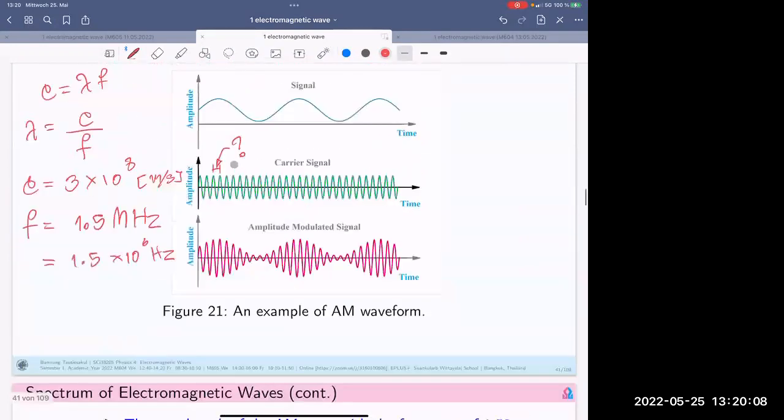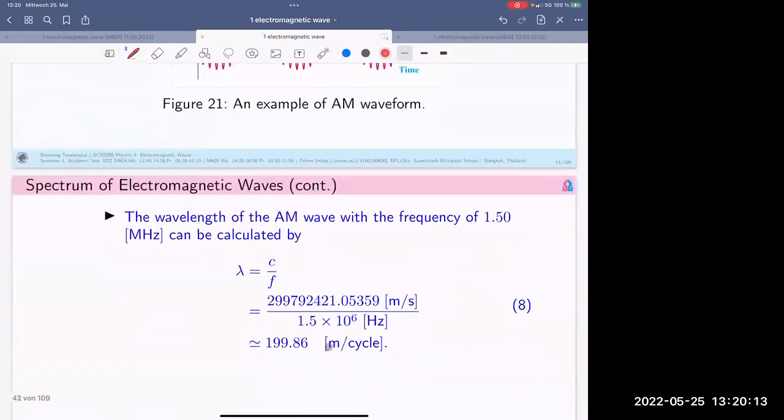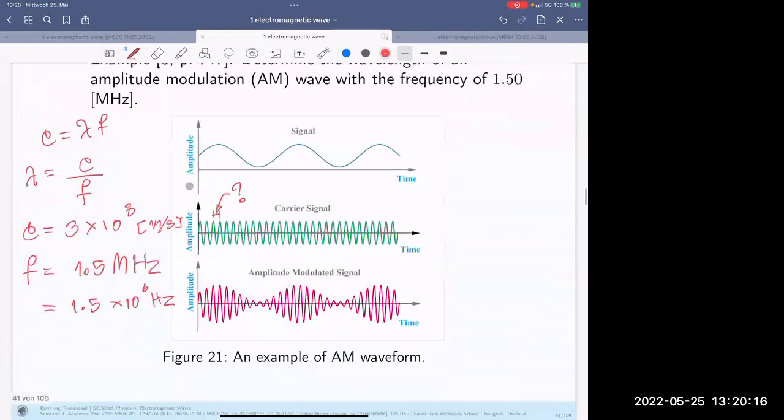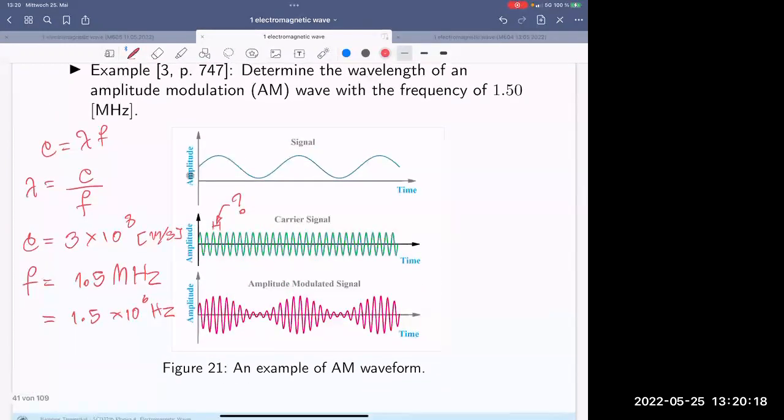It means the wavelength here is 200 meters.